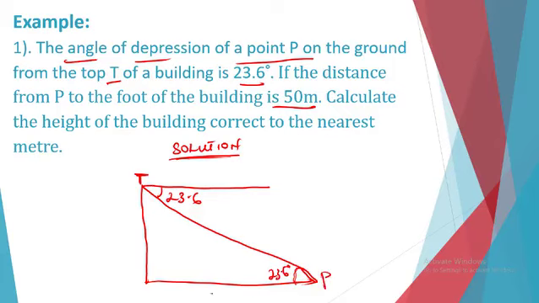Here is our P. We are told that the distance from P to the foot of the building is 50 meters. This is the building and this is the P, so here is 50 meters, and we are asked to calculate the height of the building.